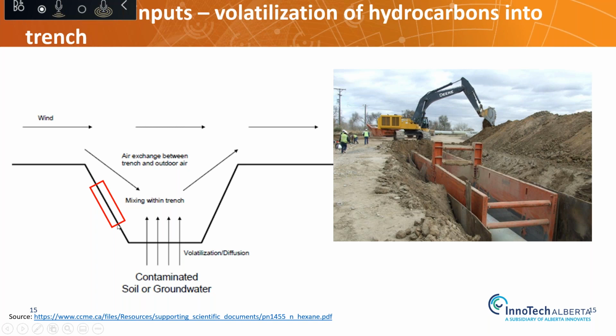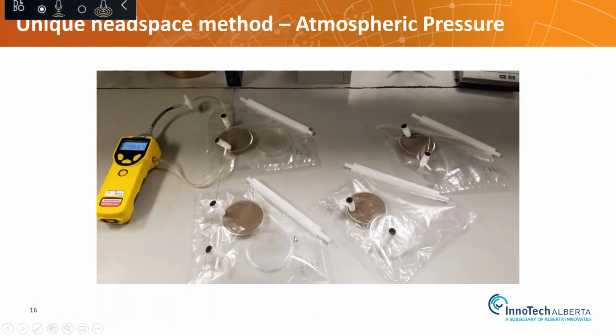And so this little rectangle, what we ended up doing was setting up and developing a method whereby we could pack spiked soil into this glass petri dish at a designated density. And this is a Tedlar bag, so essentially it expands and contracts and maintains atmospheric pressure.